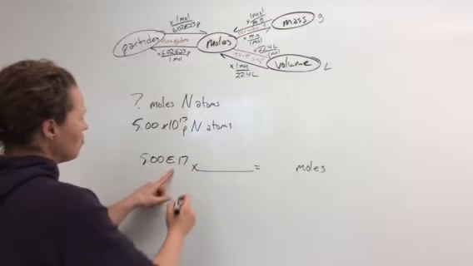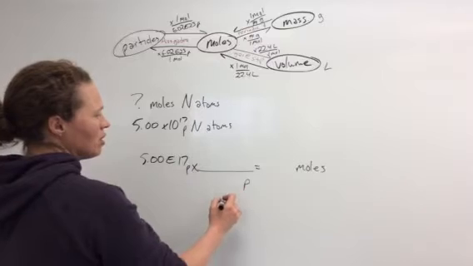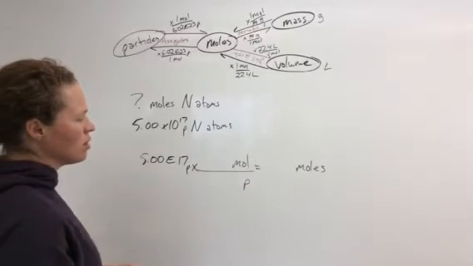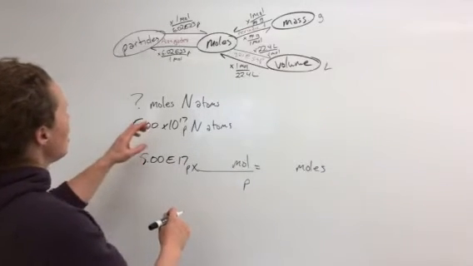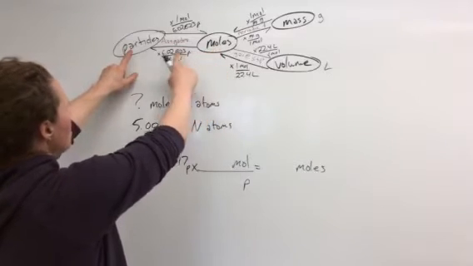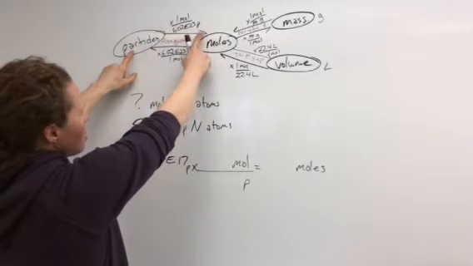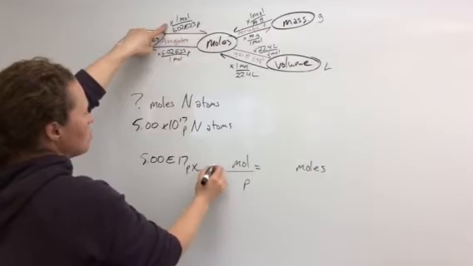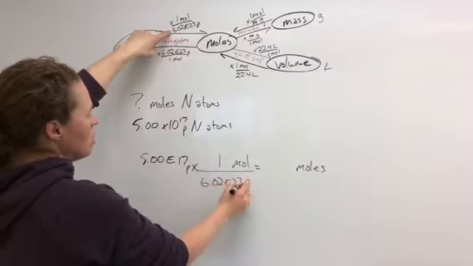Now, I have particles of these guys, so I'm going to write particles and moles, so that moles is what I'm left with, and particles is going to cancel out because it's top and bottom. And I know that particles is here, moles is here. I'm going from particles to moles, so I'm going to go along this lane because it's got the little arrow going the right way, which means I'm going to use the conversion factor times 1 mole per 6.02 E23 particles.